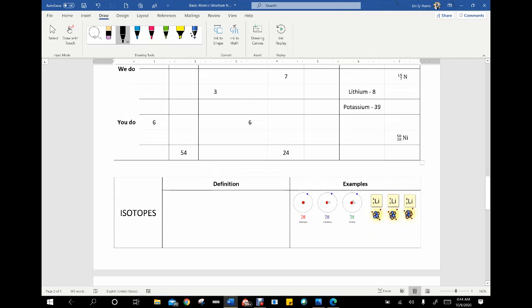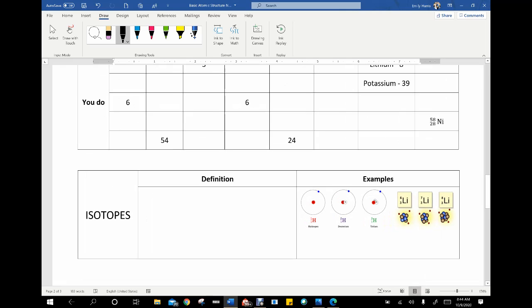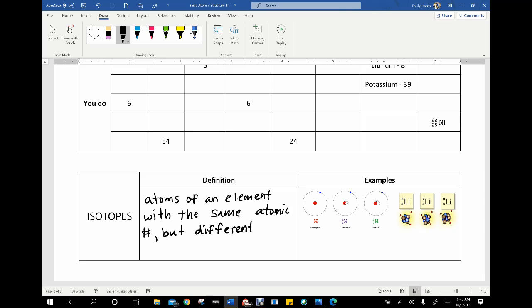All right. So the last thing is an introductory term for the next topic on our list, which is called isotopes. Now, what we're going to find is that isotopes are atoms of an element with the same atomic number but different numbers of neutrons.